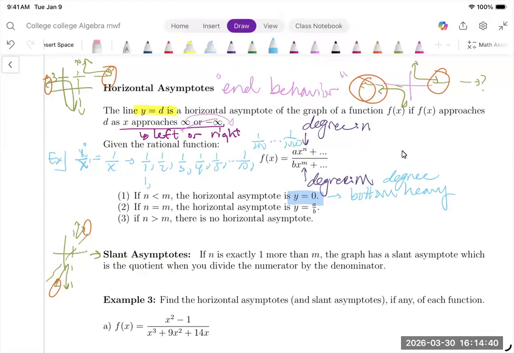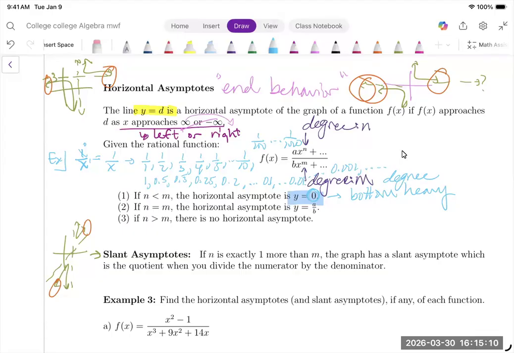Then that's 1, 0.5, 0.33 repeating, 0.25, 0.2, and then 0.1, 0.01, and then 0.001, and hopefully you get where I'm going with this. The overall number goes to 0. So if you're degree bottom heavy, then you have a horizontal asymptote of y equals 0.